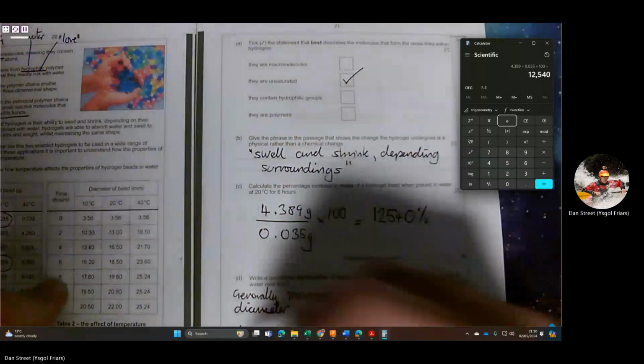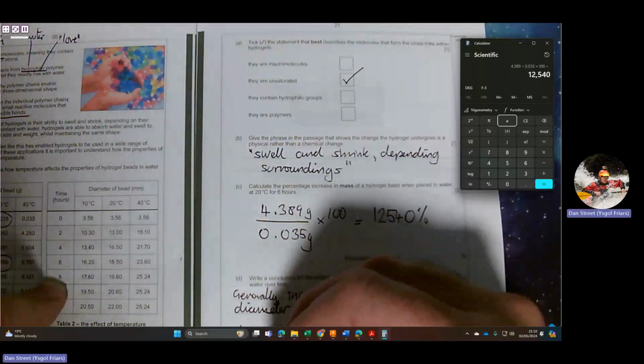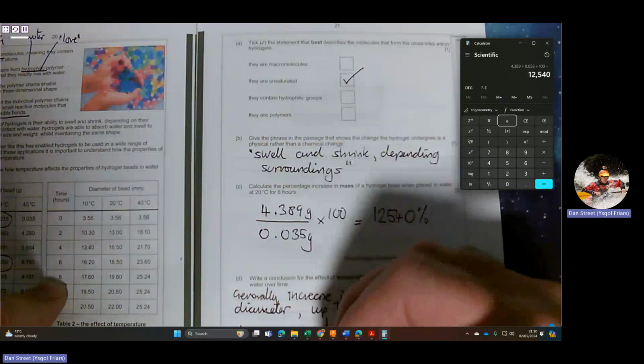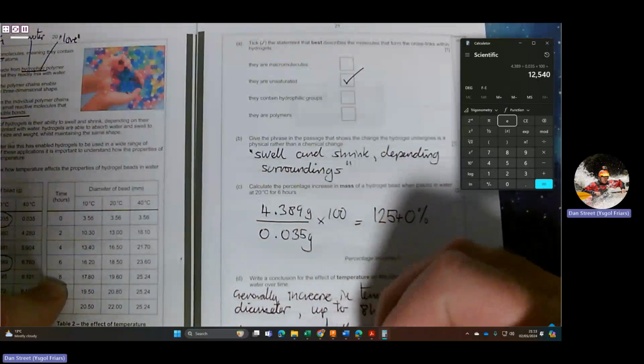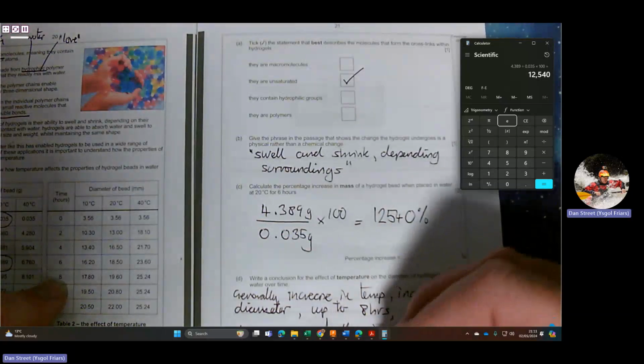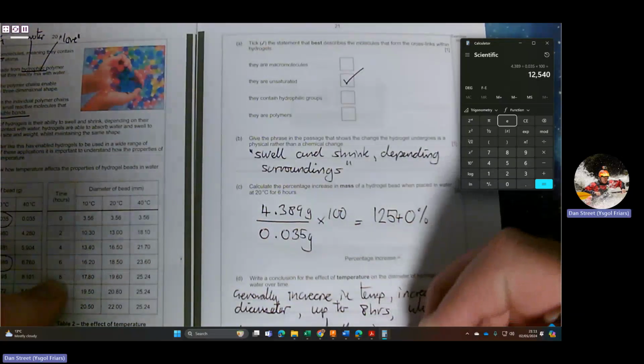Full stop. At 10 and 20, diameters continue to increase.